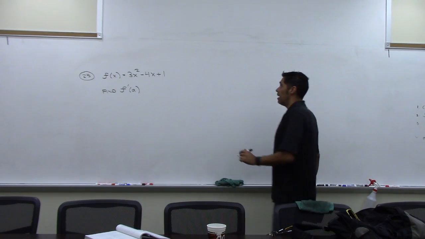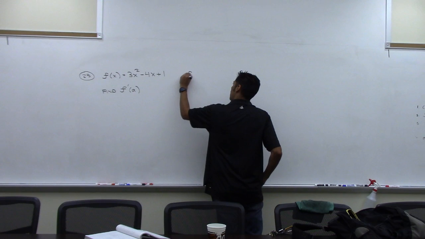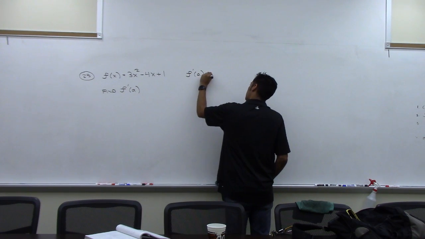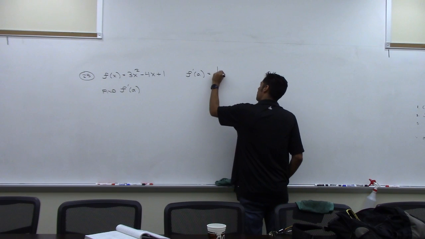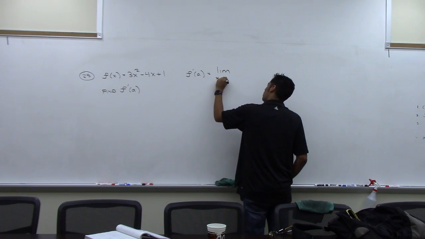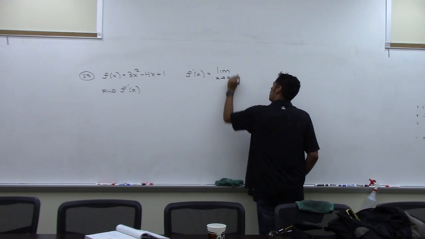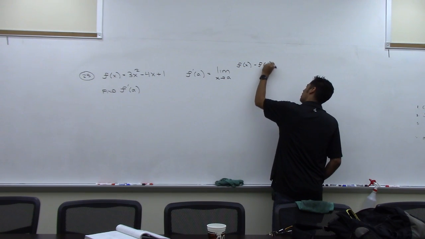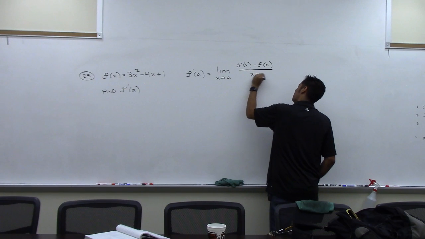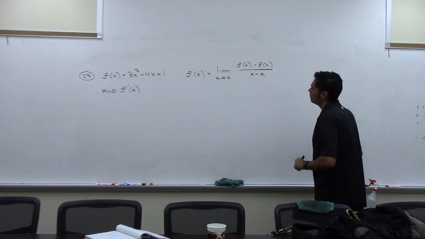And so I'm going to have to use the definition f prime of a equals, now I haven't used the other one in a while. Let me use the other one. Limit as x approaches a of f of x minus f of a over x minus a. So let me just try this one.